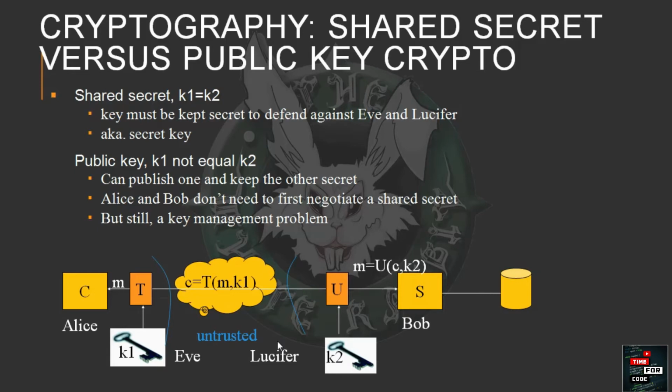What about with public key cryptography? In the case of public key cryptography, K2 is the private key of Bob, and K1 is its public key. So the public and private key are related. Very interestingly, the public key K1 can be freely distributed and widely known without affecting the security of K2.